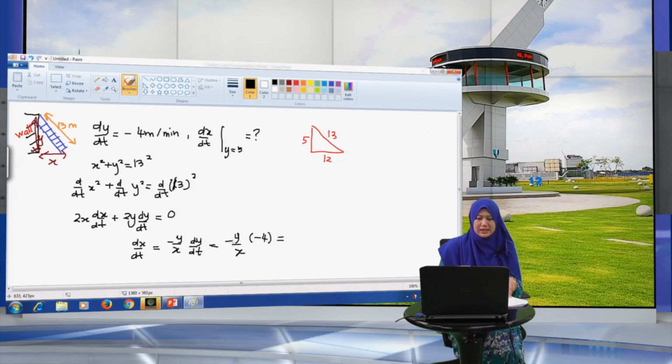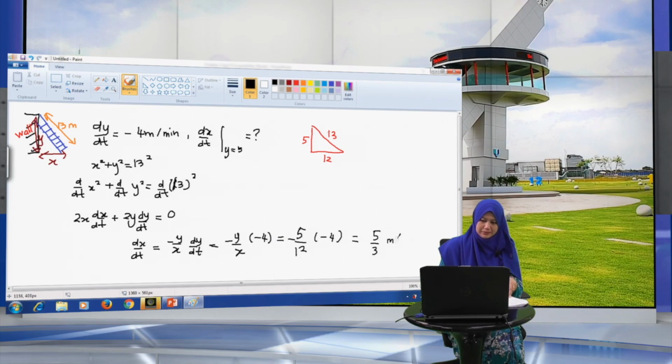Then you insert the value of y, which is 5, and the value of x, which is 12, and multiply with minus 4. This one also has a minus sign. We solve this and get 5 over 3 meter per minute. So this is the answer.